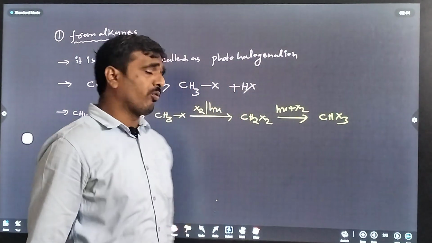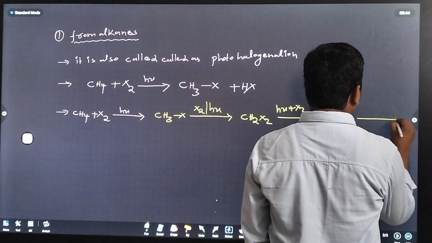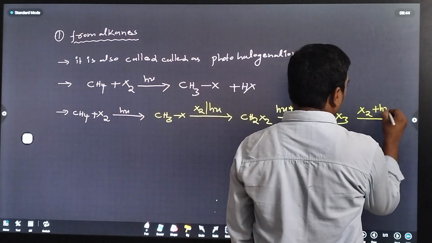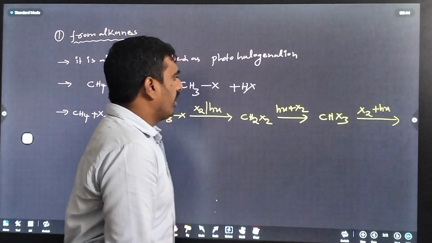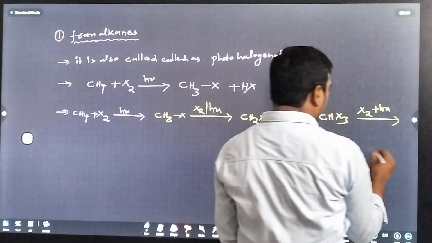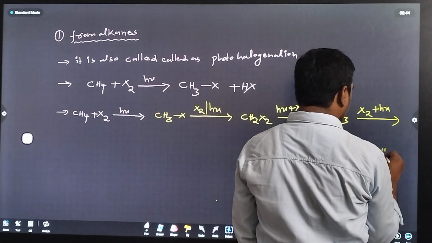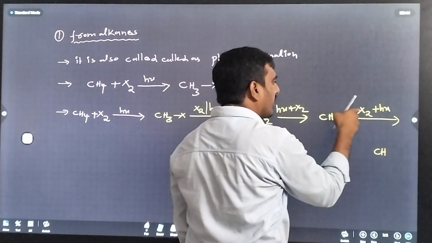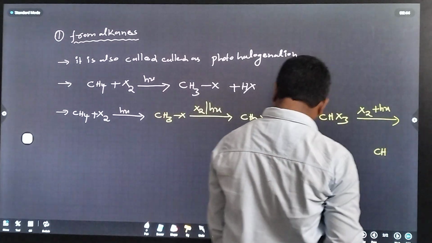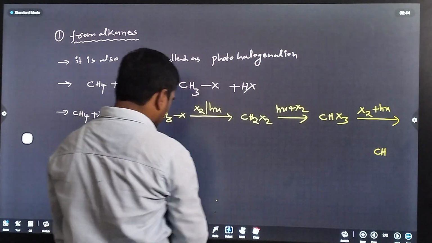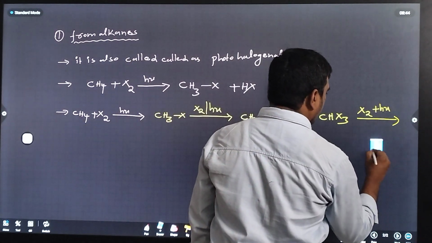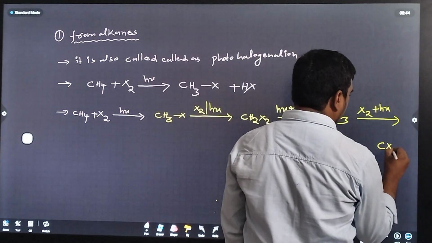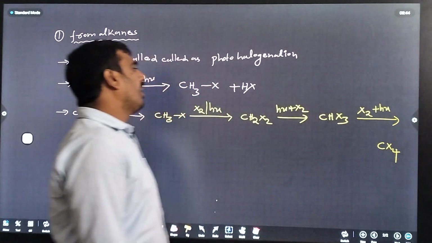This is the haloform. With 1 mole more of X2 plus sunlight, the remaining hydrogen is replaced by a halogen atom, and we get CX3, sorry, CX4, carbon tetrahalide.